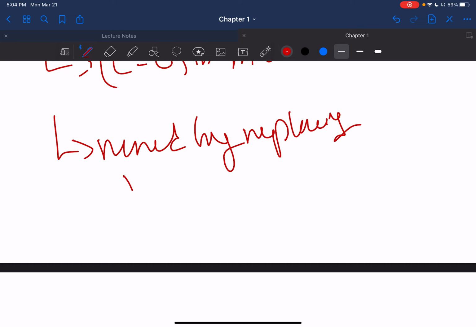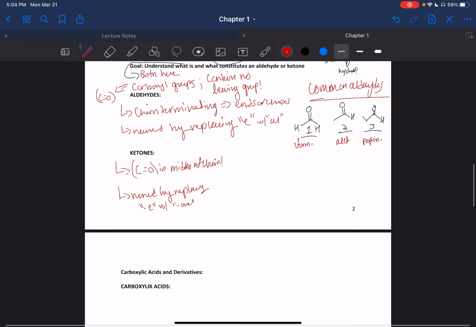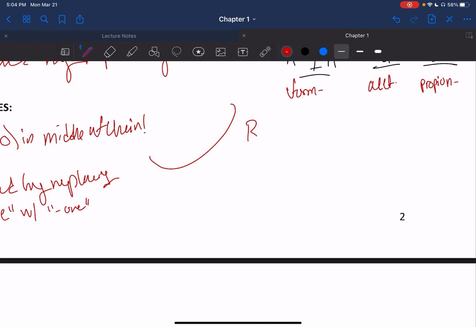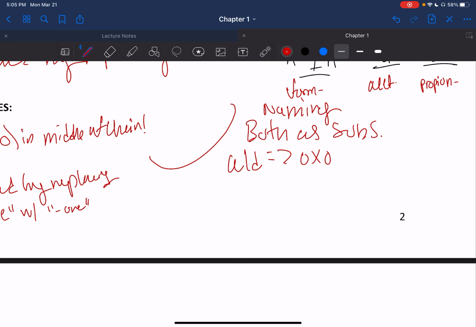Ketones are named by replacing E with one. So when you're naming aldehydes and ketones as substituents, they both can have oxo, and ketones tend to have keto.